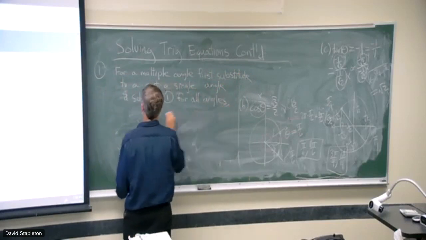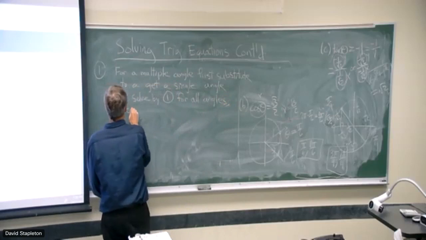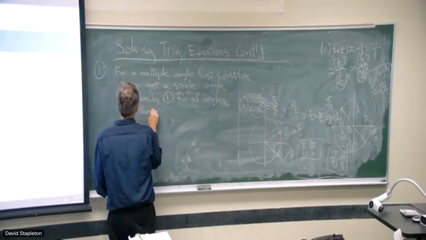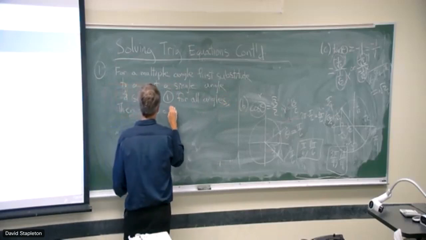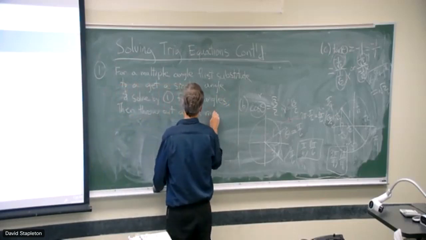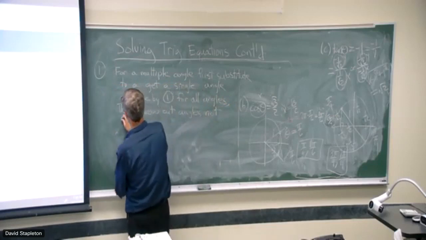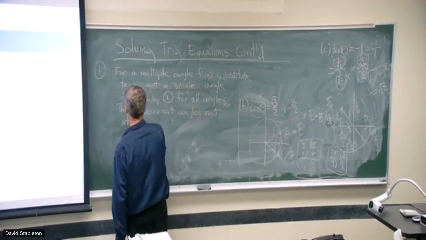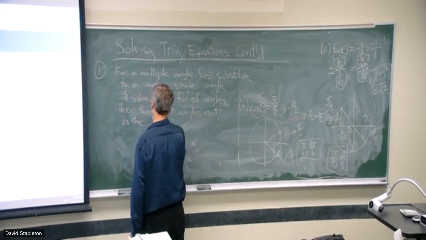Then throw out angles not between 0 and 2 pi. We'll say in the desired range, which is usually 0 to 2 pi.